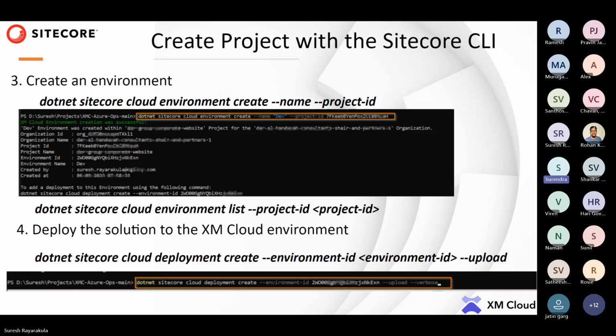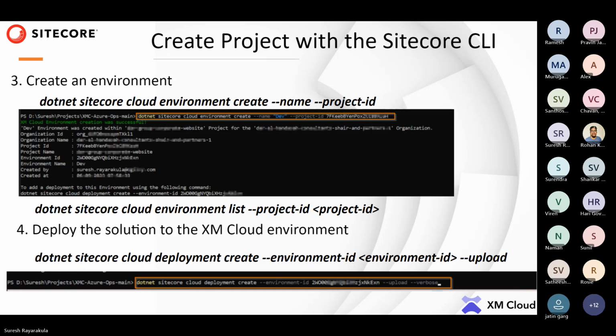This command will generate an environment ID. You can see here there is an environment ID value. You have to copy this environment ID. Let's suppose you created it 2 days back and you don't know the environment ID. You can get all the environment IDs by running the environment list command. Again, you have to pass the project ID here, and it will give you all the environments that are created for that single project. It may be dev, QA, or prod. So you can create multiple environments here.